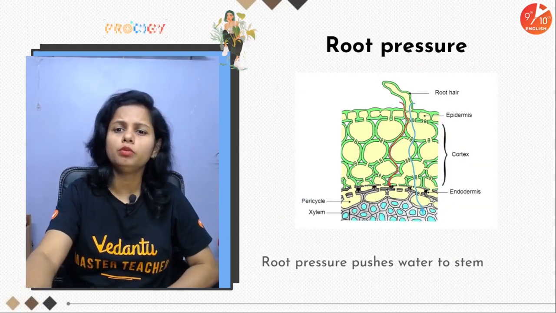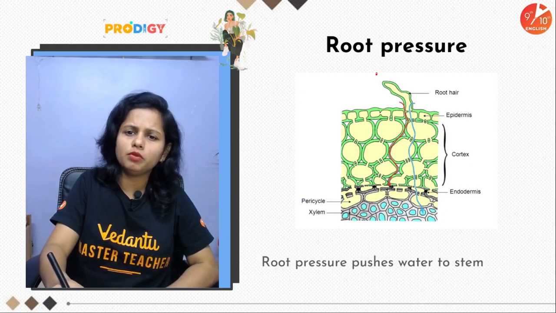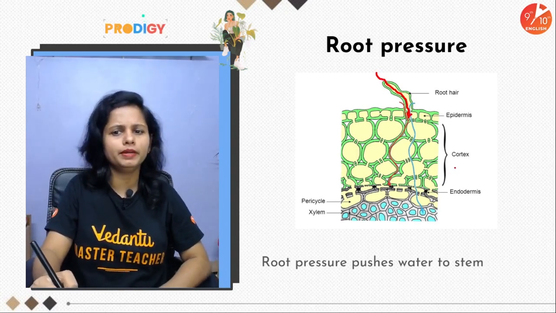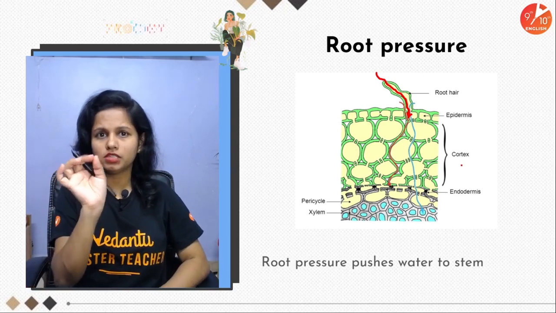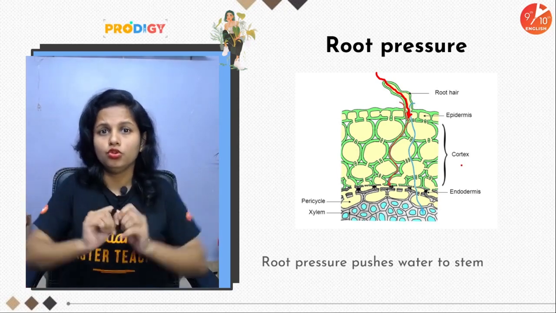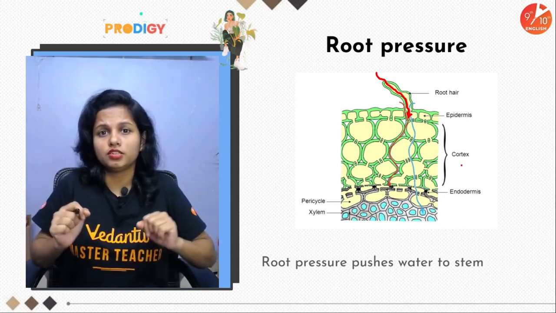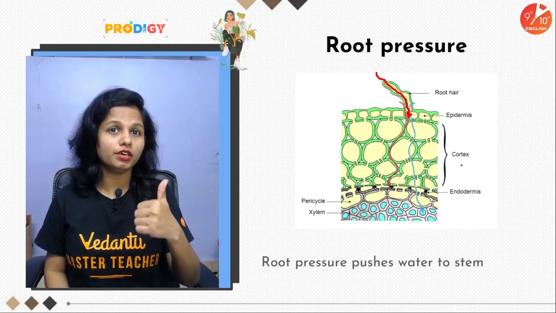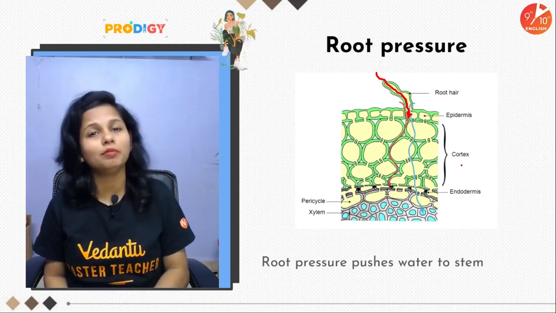Second, root pressure. Let's assume that because of osmosis, water managed to reach the epidermis. Now the epidermal cells will become turgid. All these turgid cells will exert a pressure onto the neighboring cells. Which are the neighboring cells?